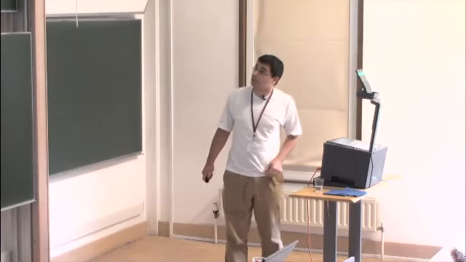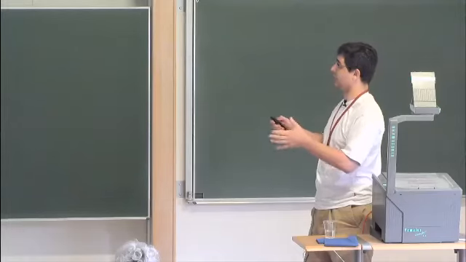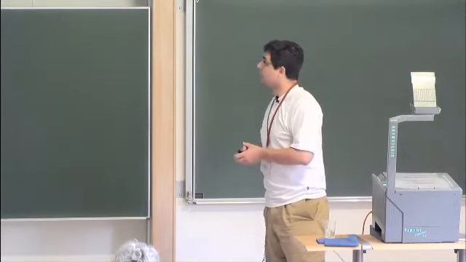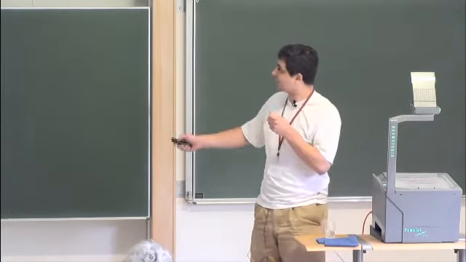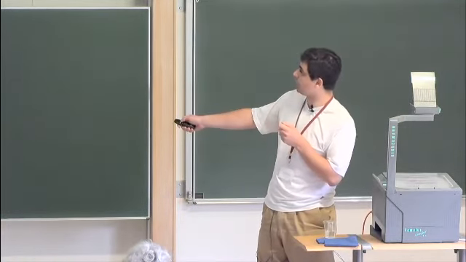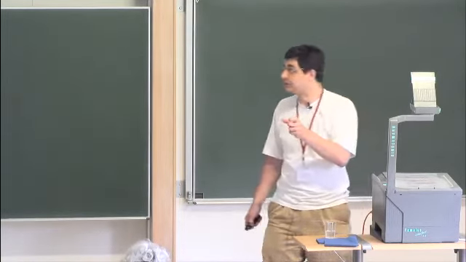Okay, so assume we have a set X of potential nodes for our random graph. We assume that for each node there is a weight, and we consider an arrangement of n objects within this region of n nodes. N is fixed here. We assume that between each pair there is a link, and that link is established according to a so-called edge probability function, which is a function of the weight.